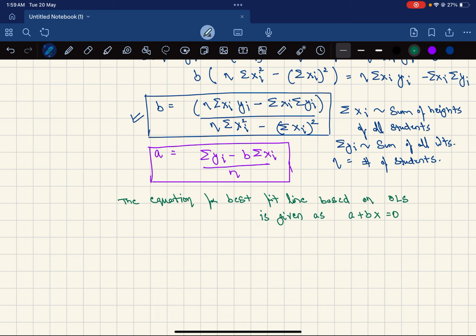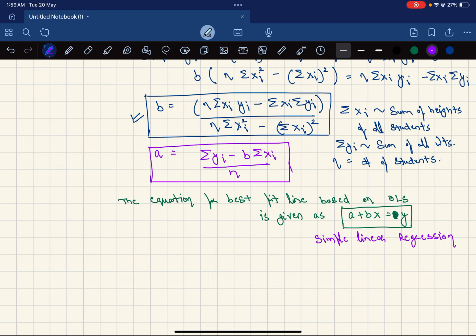So y equal to a plus bx is the required final best fit line, which is also called the simple linear regression line. So this whole process or algorithm is called simple linear regression.